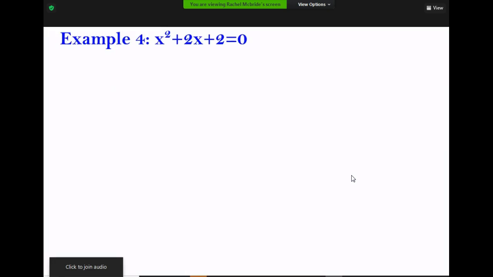And we have x squared plus 2x plus 2. So a value is 1. We're going to move over that negative 2. So we have x squared plus 2x plus blank equals negative 2. We're going to find our c.